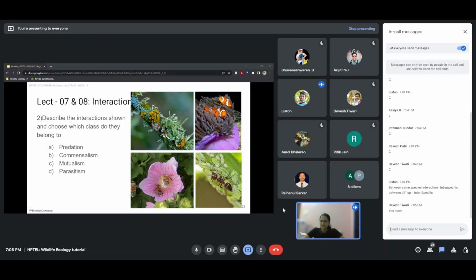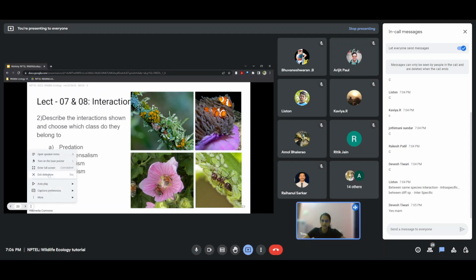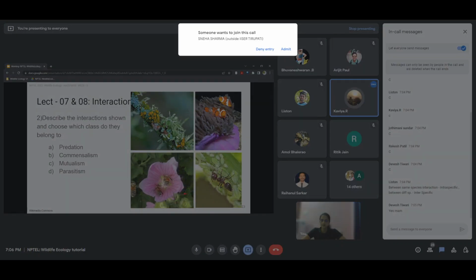Yeah, correct. It's the sea anemone. Yeah, that's correct. Yes, that is this figure. What about the other figures? Correct.